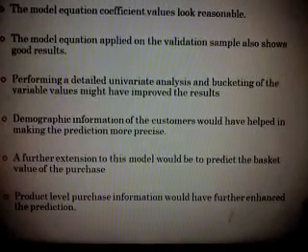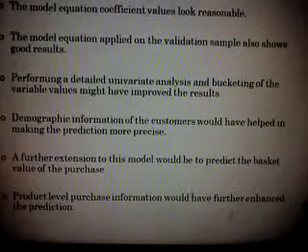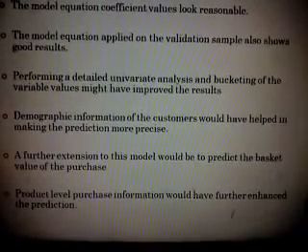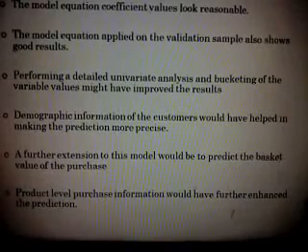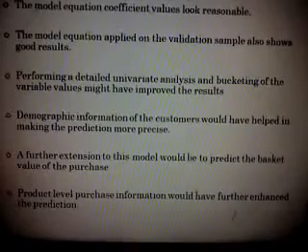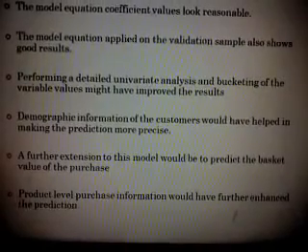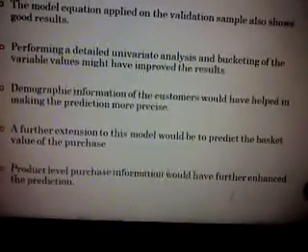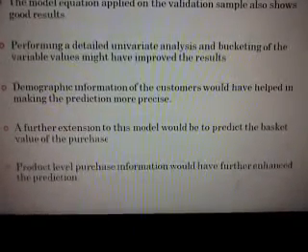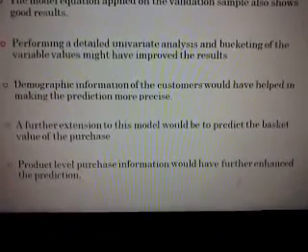Demographic information of the customers would help in better prediction of customer behavior. Also, a further extension of this model could be predicting the monetary value which the customer would spend in his or her next purchase, for which a linear regression model could be used.